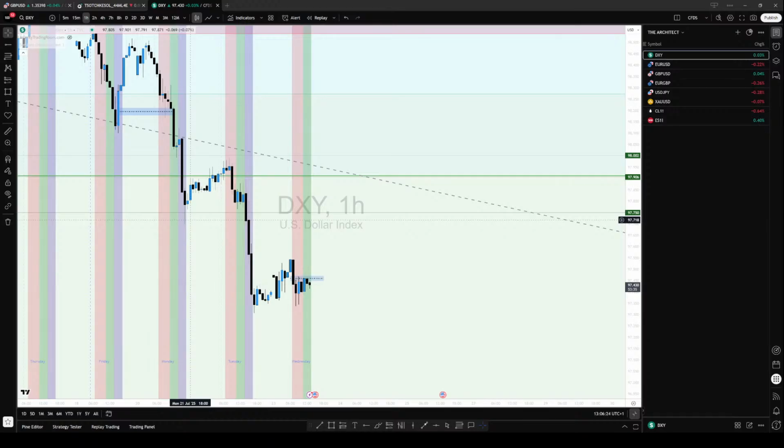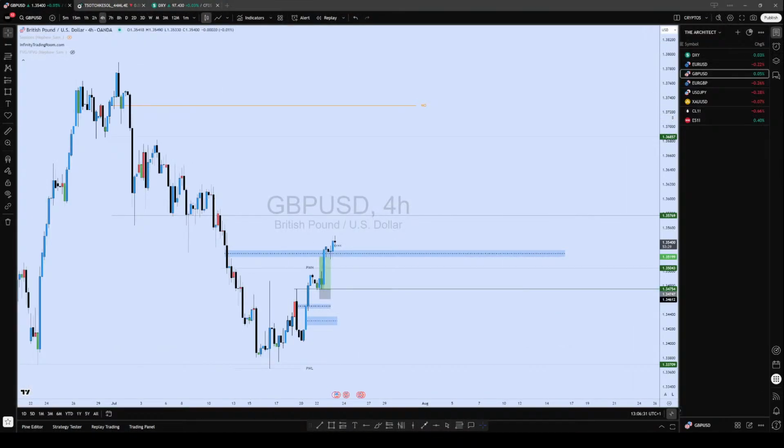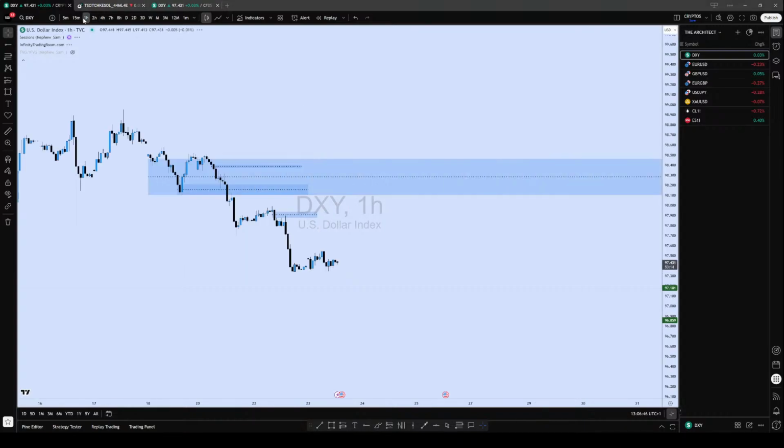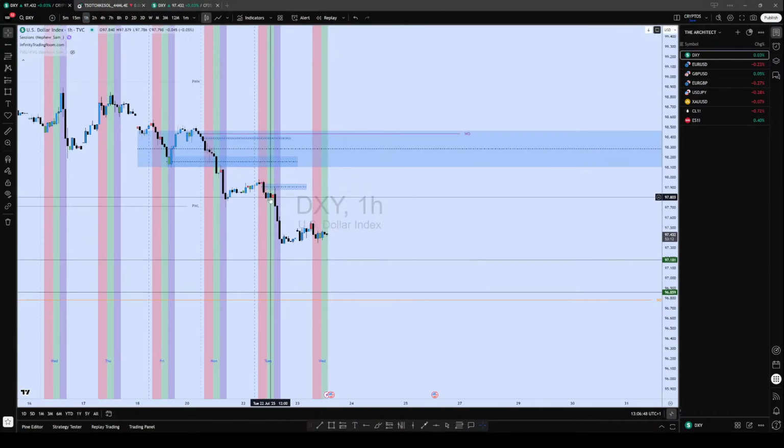We have the dollar index here, and as usual, we are expecting a continuation to the downside. I think I gave the draw on liquidity yesterday, and we had a beautiful drop after our session.